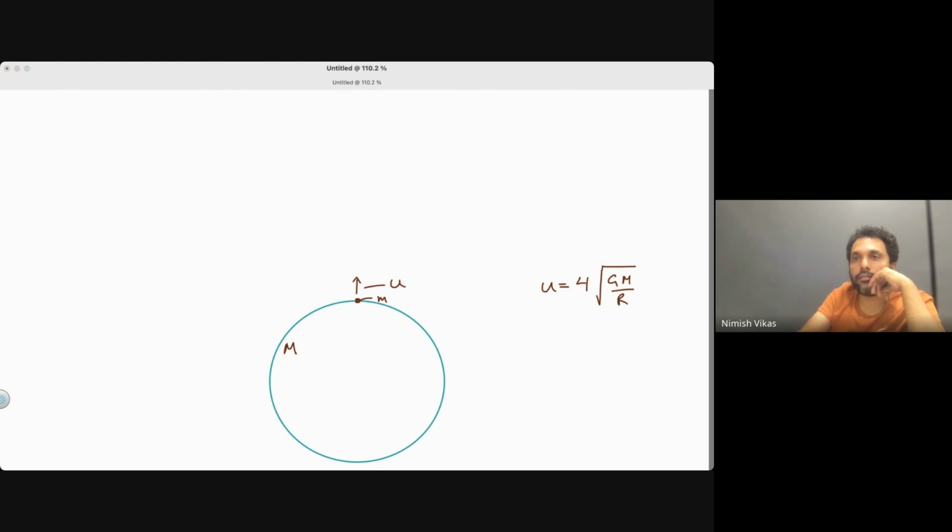Let me see. Potential energy was having a unit of GMm by r, right? Unit wise, it was GMm by x, right? Potential energy unit wise will be the kinetic energy unit wise. Okay, I'm talking about the dimensions. Is that clear?